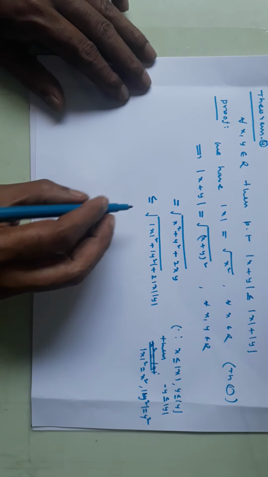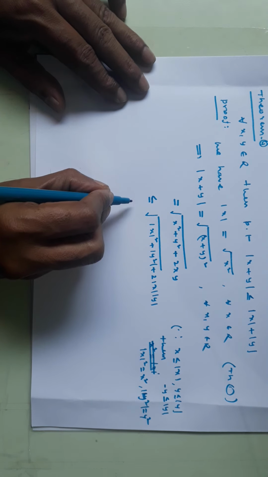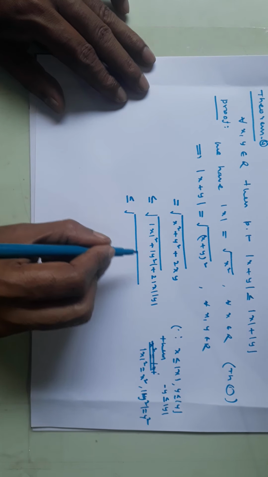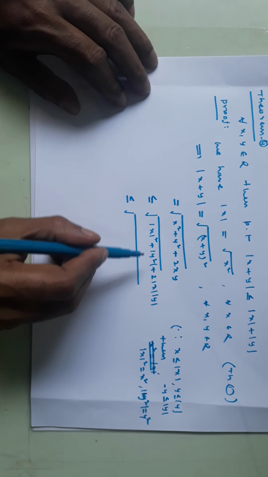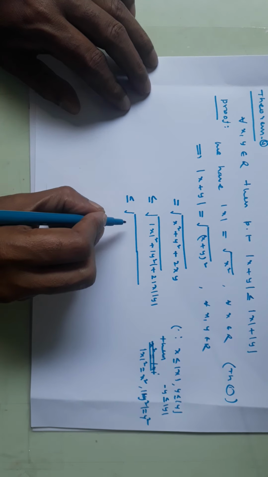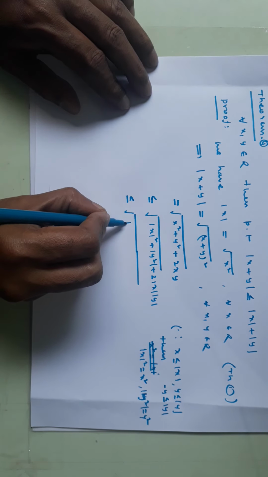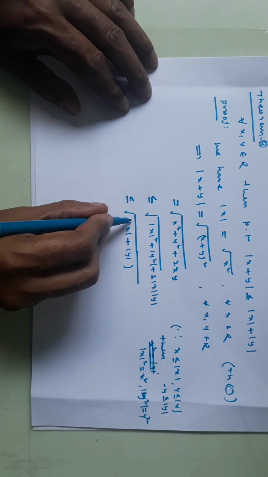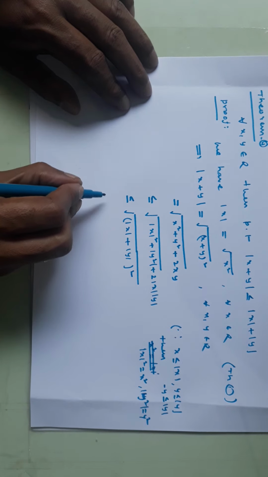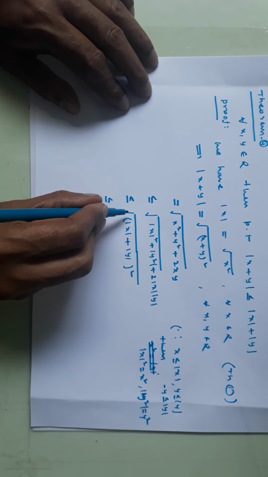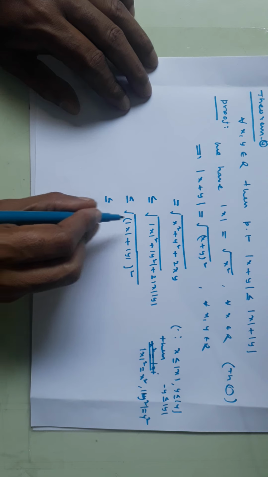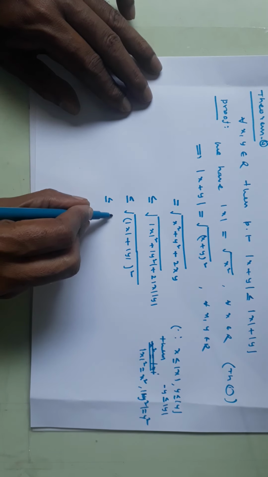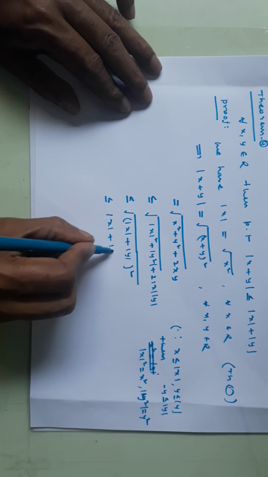This is less than or equal to, put the same as usual. So this is again a square plus b square plus 2ab, so that a plus b whole square is mod x plus mod y whole square. This is less than or equal to, cancelling the root and square on both sides, simply mod x plus mod y.